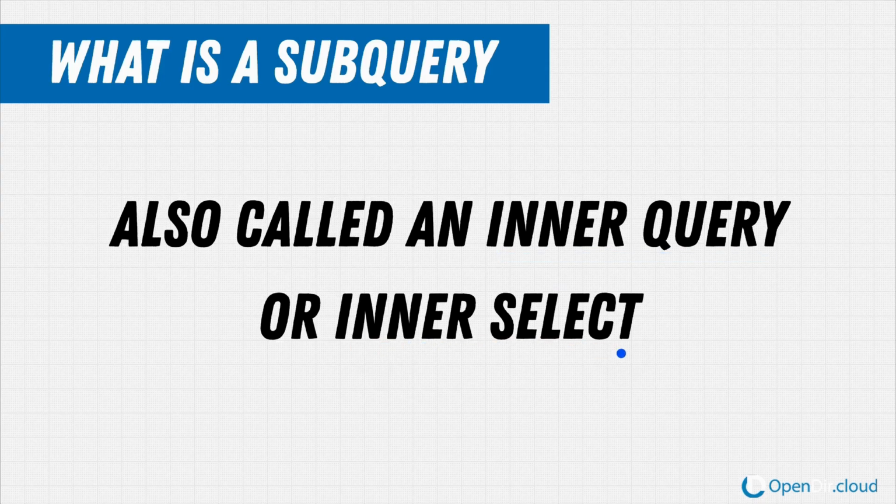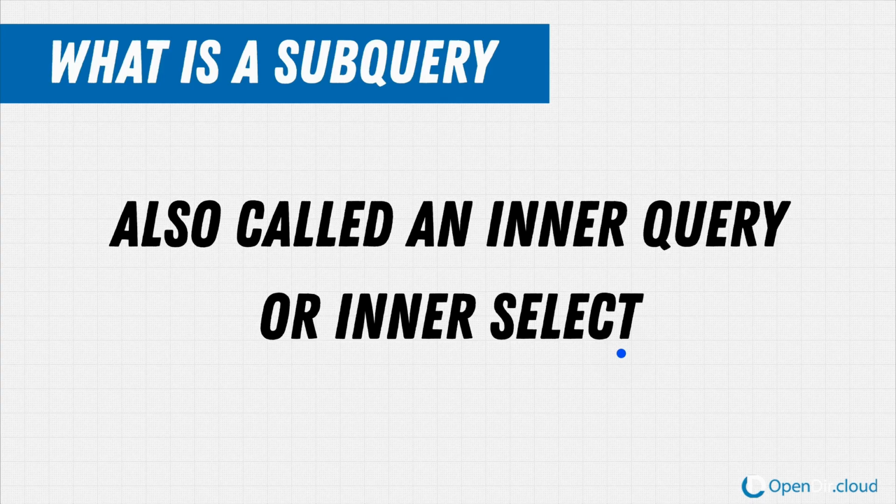So let's pause for a second and think about that. A subquery is a query inside of a query, and it's also called an inner query or an inner select. Now that's interesting because what we're trying to achieve with subqueries is the ability to utilize other queries inside of our current query to build stronger, more complex queries.